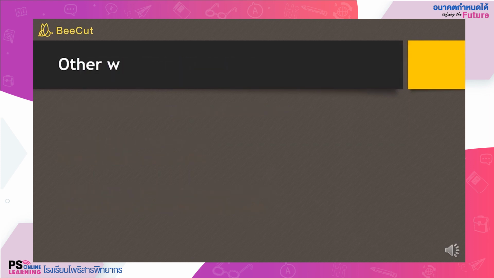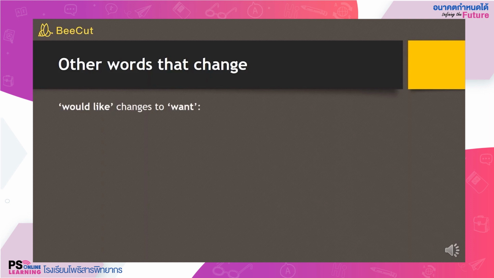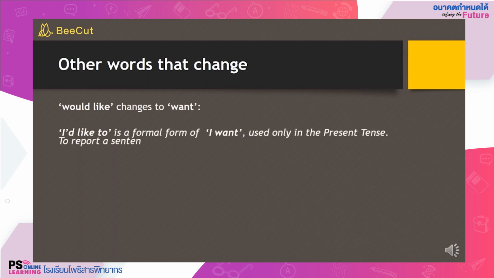There is another phrase that we need to change in reported speech. Would like changes to want. "I'd like to" is a formal form of "I want," used only in the present tense. To report a sentence with this expression, use the verb want.